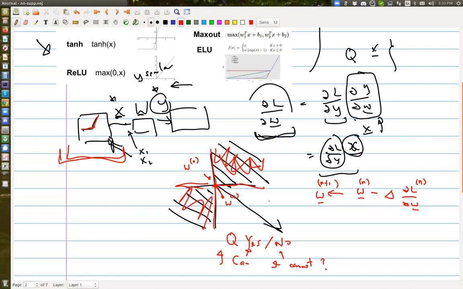Therefore, going down step by step, I can only go in this direction or this direction. The best you can do in gradient descent in this case will be something like this: I go down here, then maybe the next step is there, and then here. But you cannot go in this direction a bit faster.